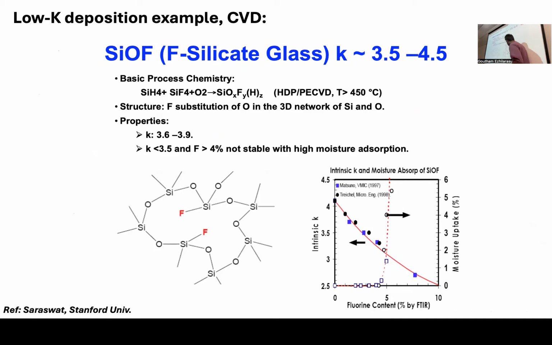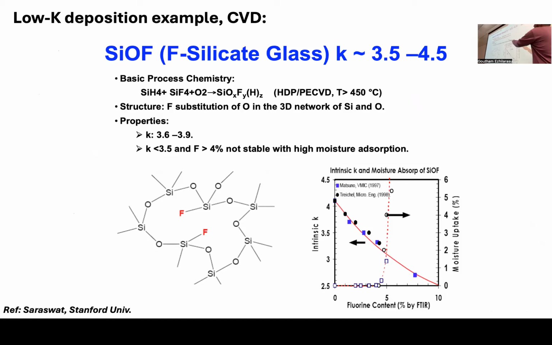So here you can see how the intrinsic dielectric constant is changing with the percentage of fluorine, right? So as I increase the fluorine percentage, and what I mean by fluorine percentage is the percentage of fluorine that have replaced the oxygen in the SiO2 structure, right? So as I increase the fluorine content, you can see that I can modulate the intrinsic dielectric constant.